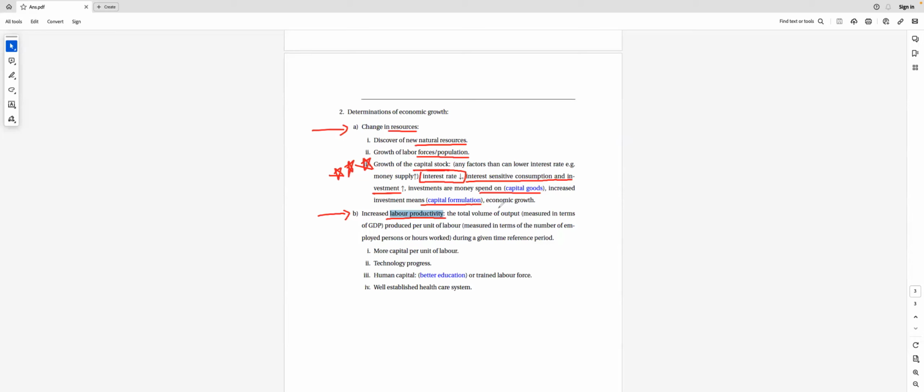Let's repeat again: if a typical worker during 1 hour can produce a higher level of GDP, that means the technology and productivity in your country is stronger than in another country.